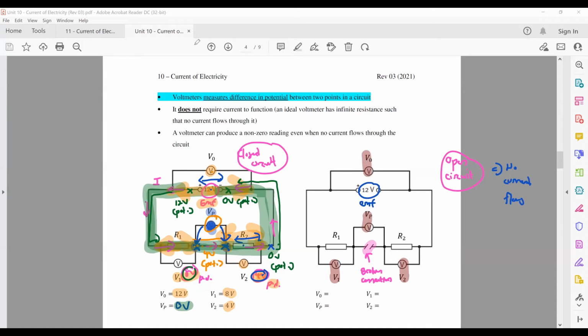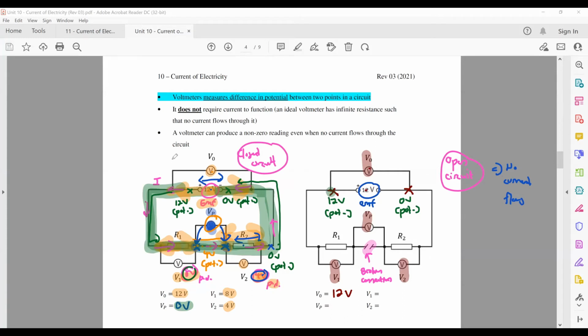For voltmeter V0, your difference in potential here and here is just going to be 12 volts. Your voltmeter is measuring the difference in potential across your battery. So I could say that this one is 12 volts potential, and this one here is 0 volts potential.